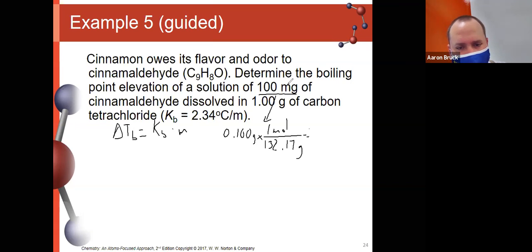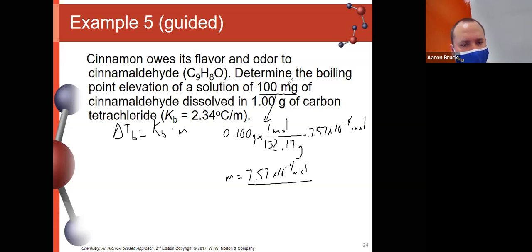Would be 7.57 times 10 to the negative 4th moles. My molality would be 7.57 times 10 to the negative 4th moles of cinnamaldehyde divided by kilograms of carbon tetrachloride, which would be 0.00100 kilograms.